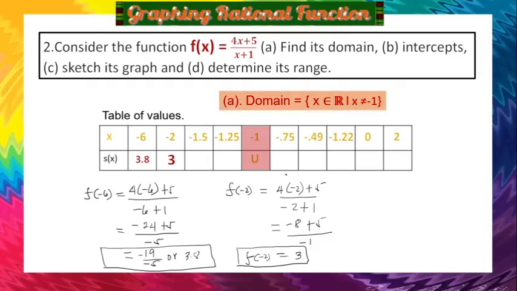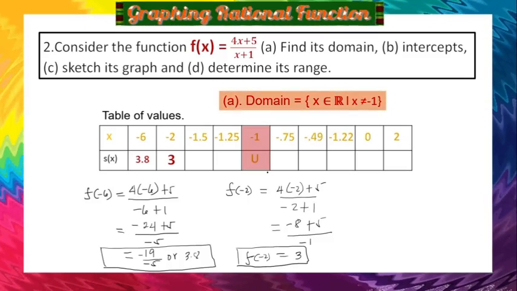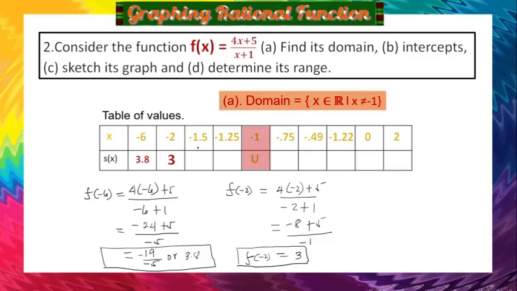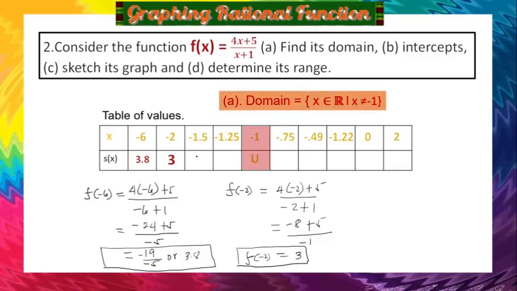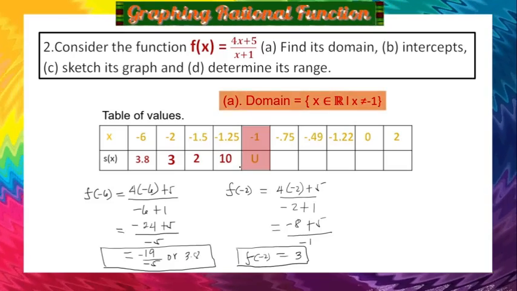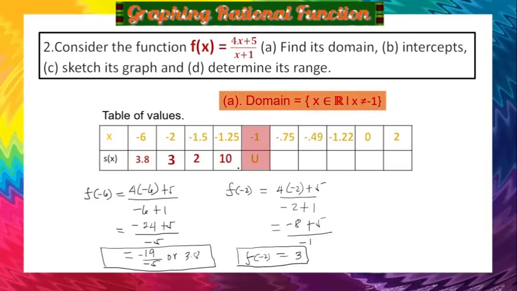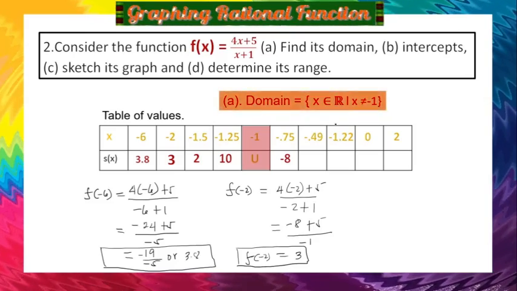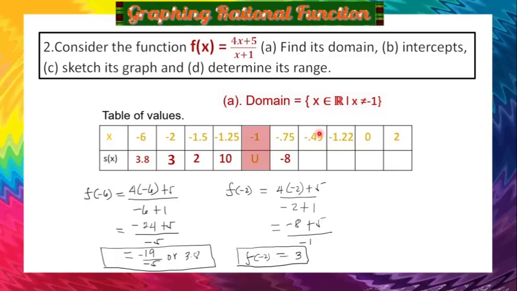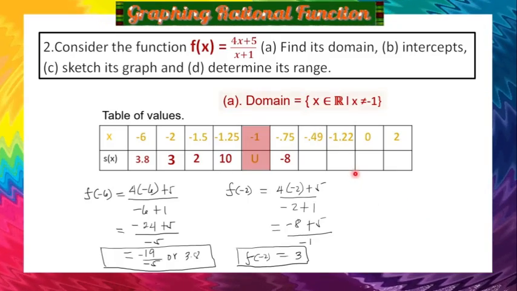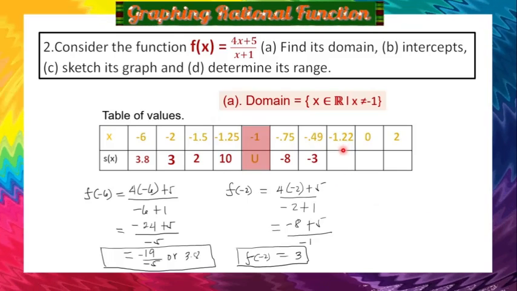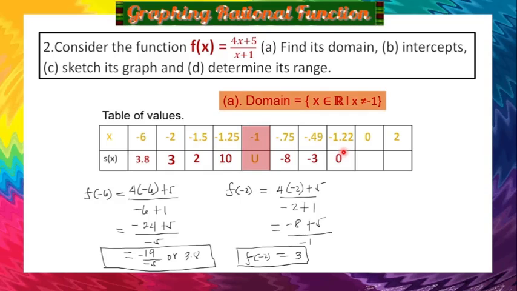So as I computed here, for negative 1.5 the equivalent value of the function is 10, and negative 0.75 is negative 8, negative 0.49 is negative 3, negative 1.22 is 0.